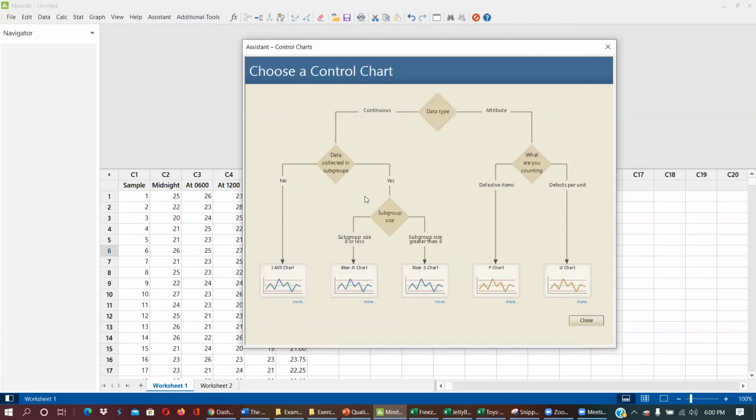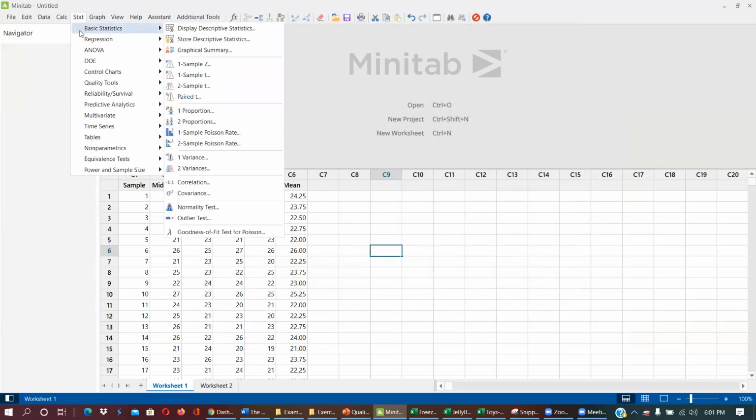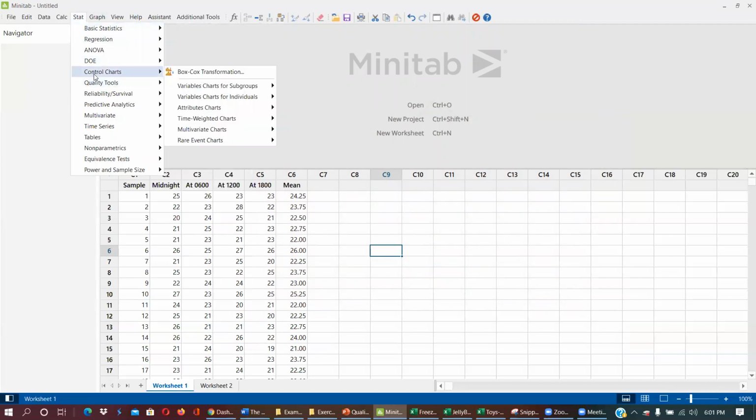Now there's another option: Stat, Basic, Control Charts. Under control charts, here you can see you have XR chart, X bar S chart, IMR chart, and these are all.